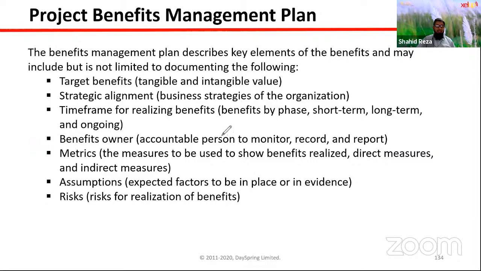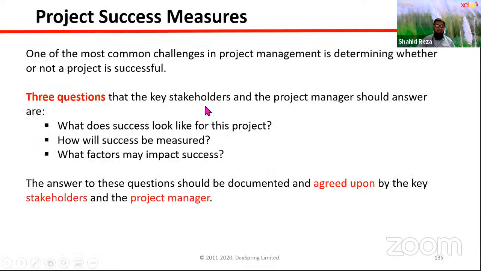All right, so I think we have the next 2 slides. Project success measure. This is very, very important. What happens? There can be some situation like this, with scope, time, budget, quality.